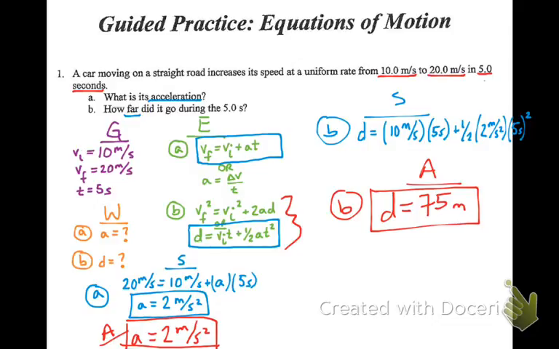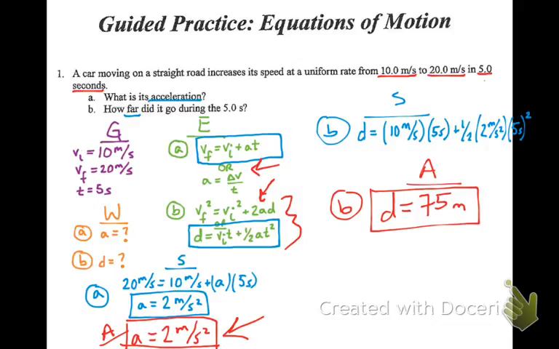That might take a little bit of time, only because you're dealing with two variables that are unknown in these equations. For example, you didn't know your acceleration for part B until you solve for it for part A. So it might be a little easier to solve for it and then recognize, okay, now our acceleration is a given because I have an answer to it. Just some things to think about.